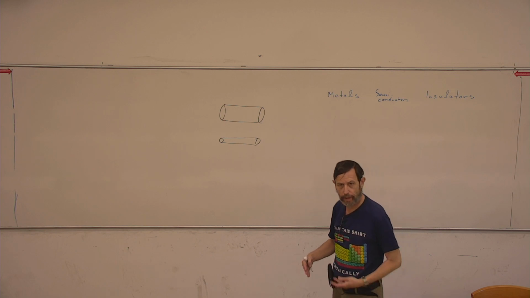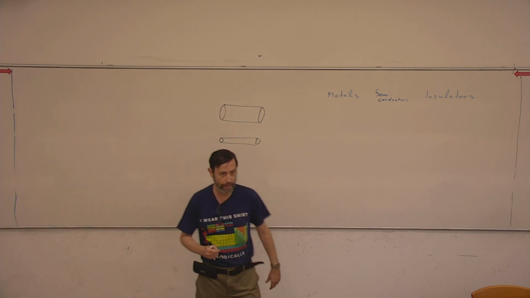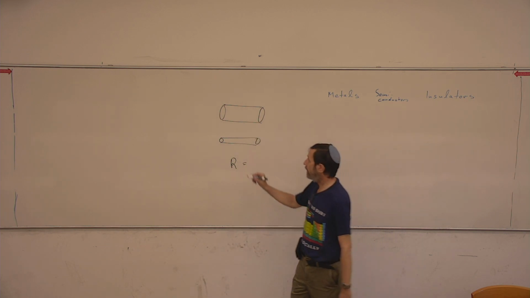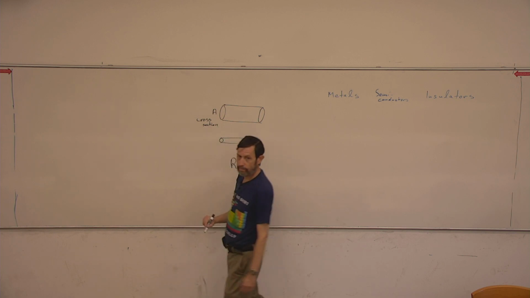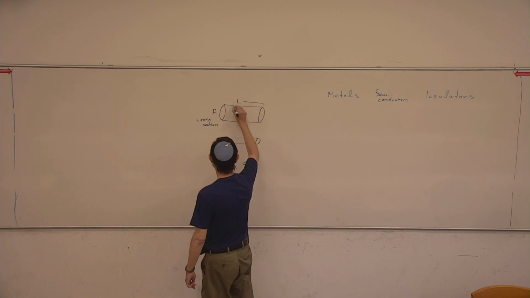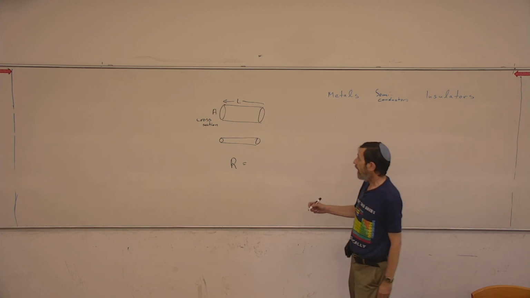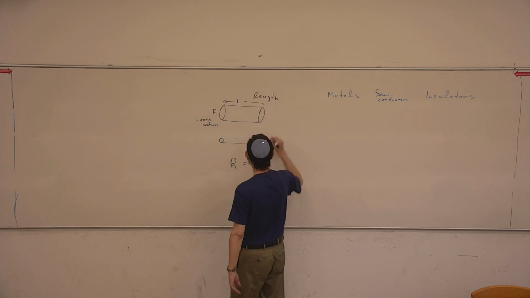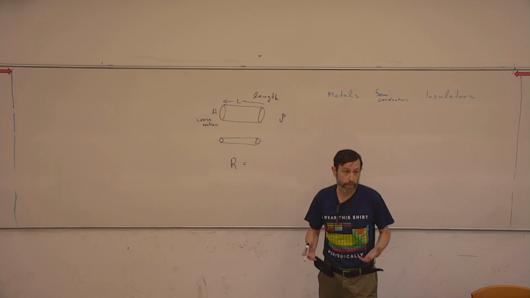So how do we sum up? We have a heuristic law that you all have learned in high school that says the resistance of such a thing depends on A, the cross section, L, the length, and rho, which is some property of the material.